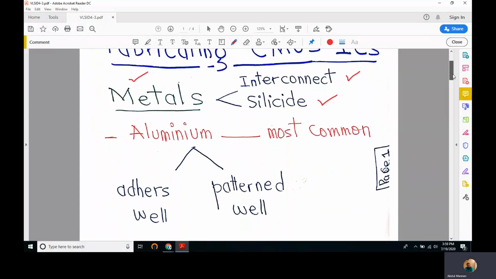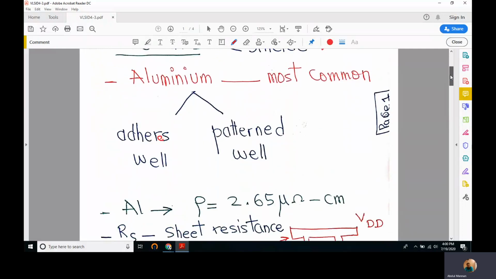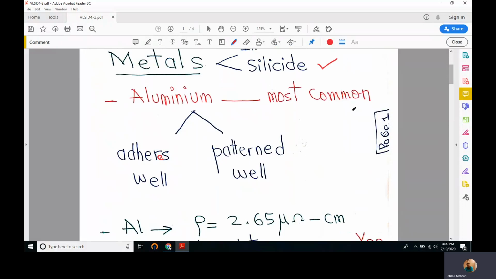Aluminum is the most widely used material for many applications within CMOS ICs, including interconnects and silicides, and it adheres well. The first advantage. The second advantage is it can be given different shapes, because interconnect lines can be of different shapes, mostly containing angles of 90 degrees, like this or like this.